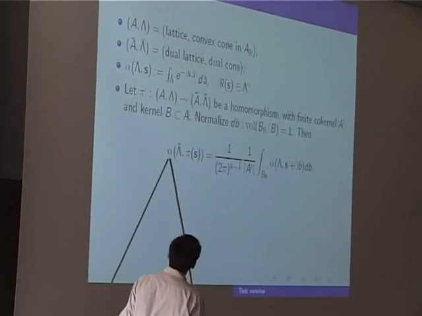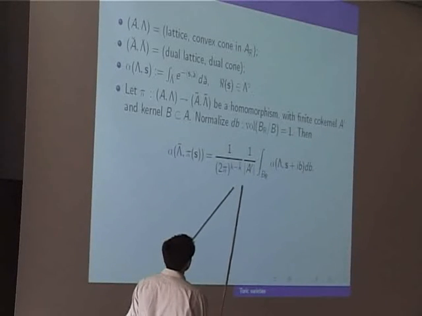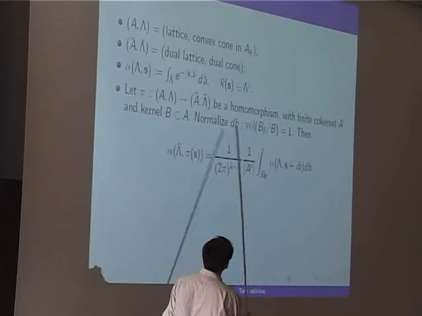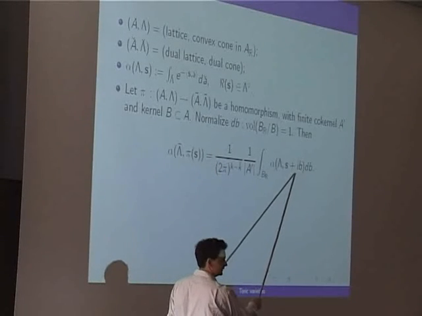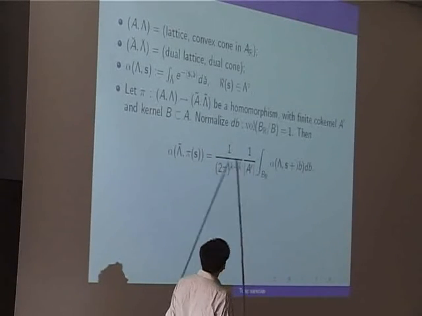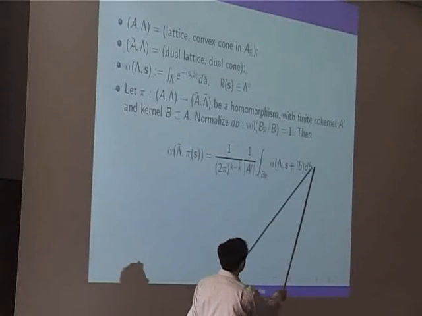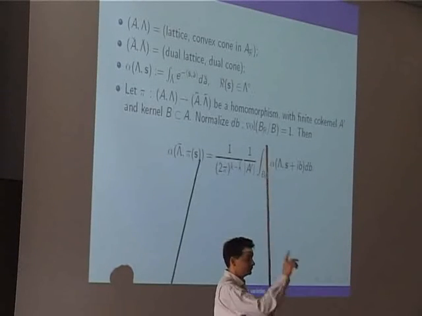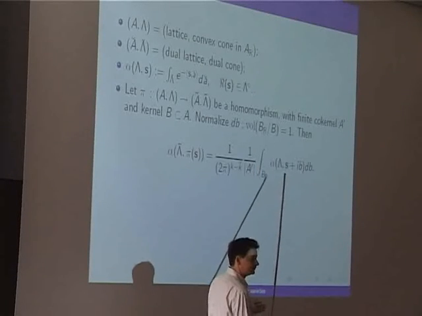Then Poisson formula. So you look at this integral. In fact, the alpha function of the image is equal to the integral over the relations of the alpha function of the source. And those factors are just normalization, and it just comes from duality.